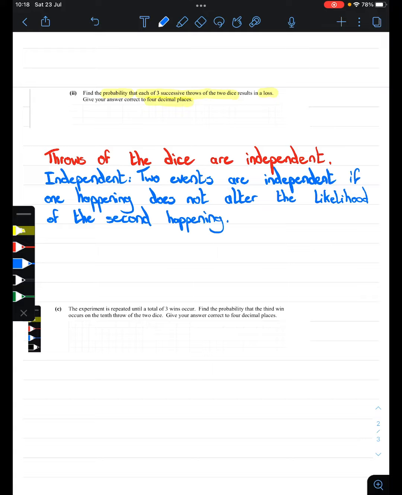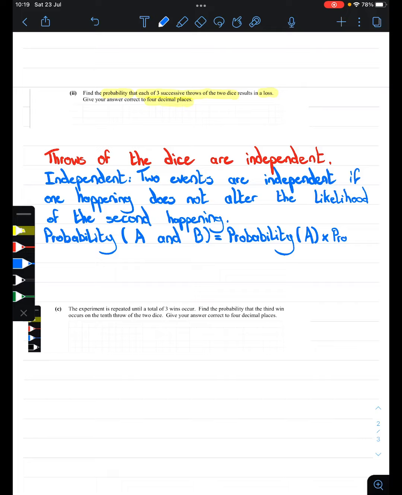And so when things are independent, the probability of the first thing happening, let's call it A, and the second thing happening, B, is just the probability of A times the probability of B. Let's just call that prob B, so I don't run out of space.